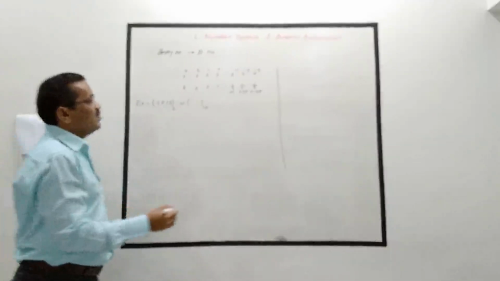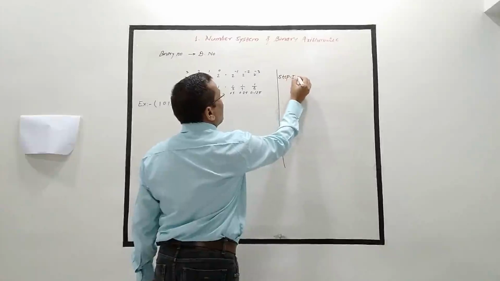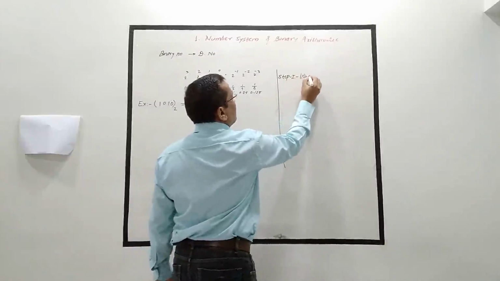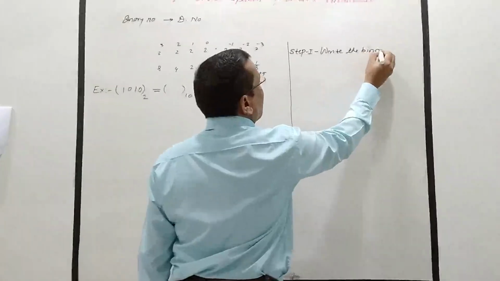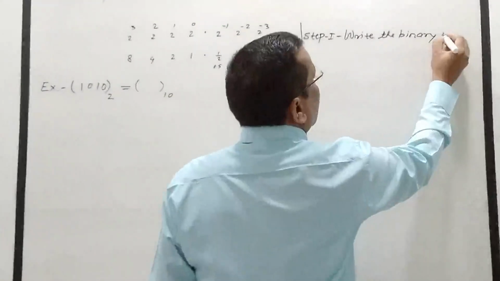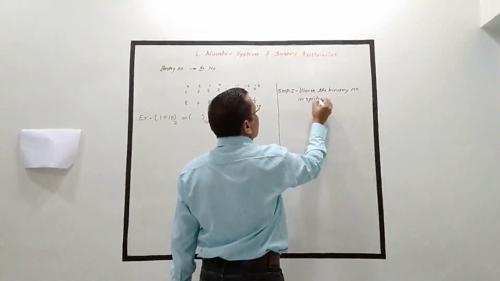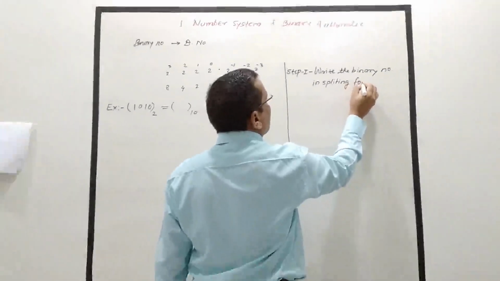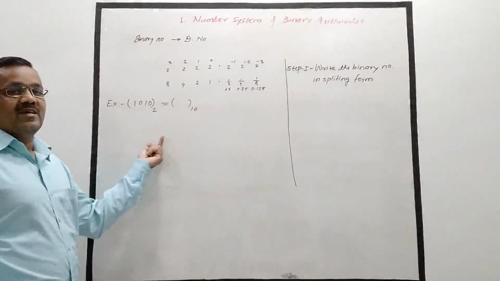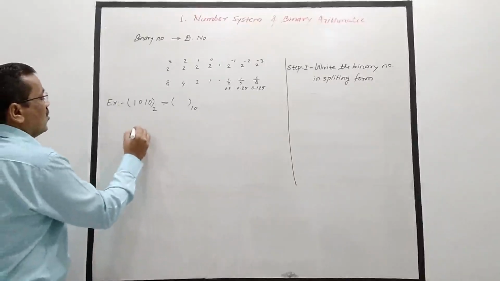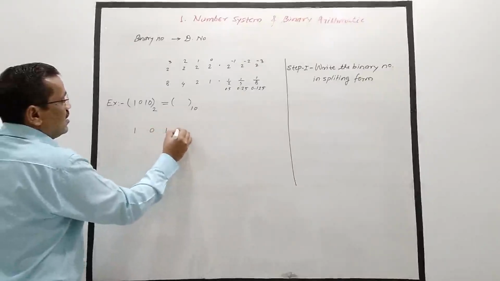Step number one. Write the given binary number in splitting form. That means the bits are written in split form. 1 0 1 0.